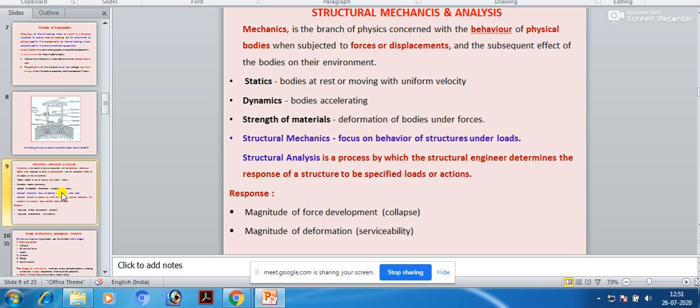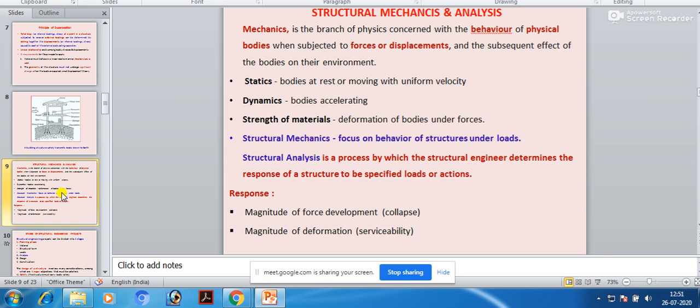And what is the response? Response is nothing but the deformation response, the stress response, the internal shearing response, the internal bending response, the external deformation response. All such kinds of responses need to be studied by a structural engineer, subjected to different kinds of specified loads and actions.